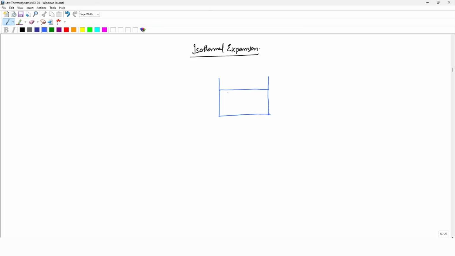Okay, so we are having this piston cylinder system, and we have connected it to a heat source.